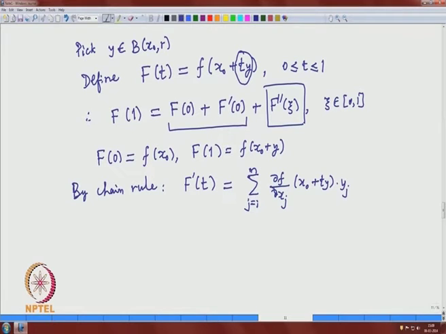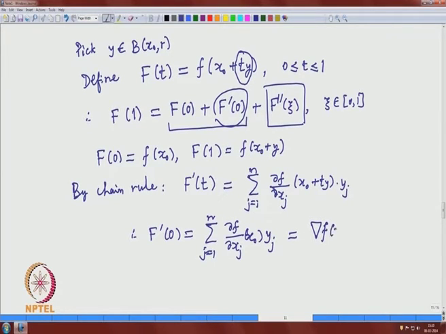So, we are interested in F prime(0). Therefore, F prime(0) is the sum of del f by del x j at x 0, since t equal to 0, times y j, and this you can write in the notation of gradient. So, this is gradient of f at x 0 dot y.